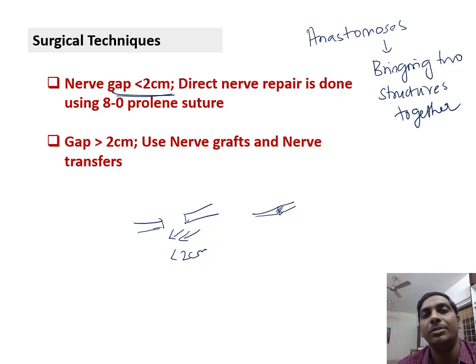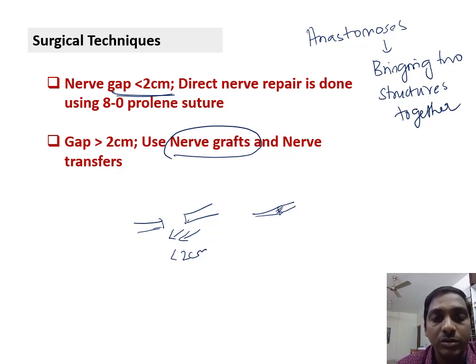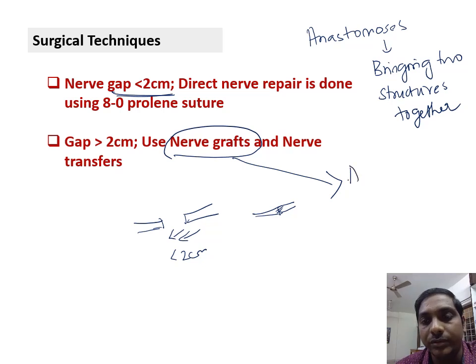Beyond 2 centimeter, what will happen? They cannot be brought together without undue tension. So in such a situation, you can substitute that gap with another nerve, which is called a nerve graft, right? For the facial nerve, we generally use the greater auricular nerve and the sural nerve. For nerve grafts, we use an autograft.